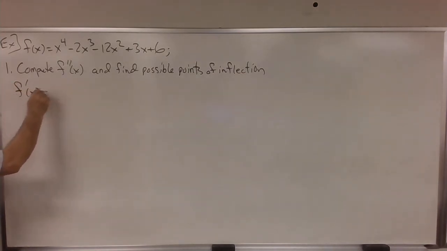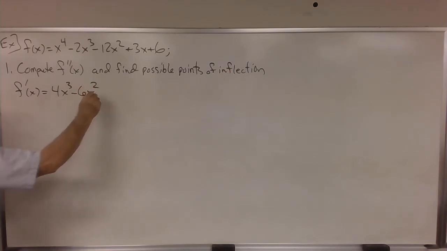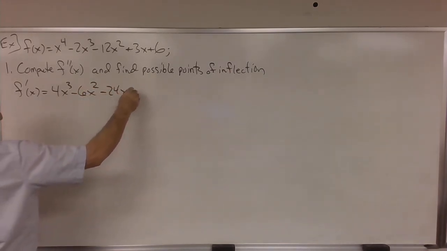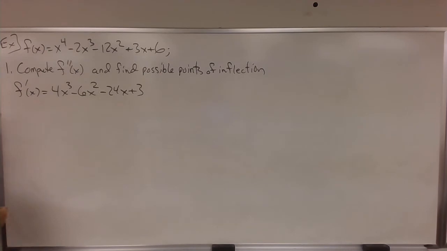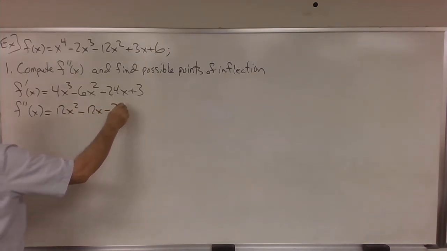f prime of x is 4x cubed minus 6x squared minus 24x plus 3. And f double prime is 12x squared minus 12x minus 24.